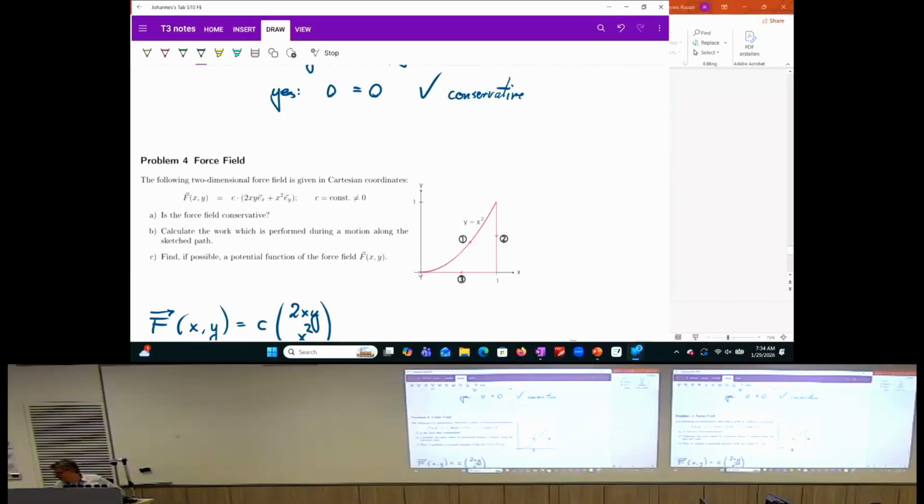We start with section 1, described by the curve where y is equal to x squared. We go until we have x equal to 1. Then we move down with constant x in the negative y direction. This is the second stretch, our section 2. And then we move from 1 to the origin.